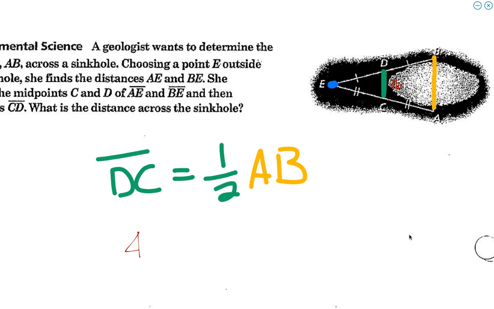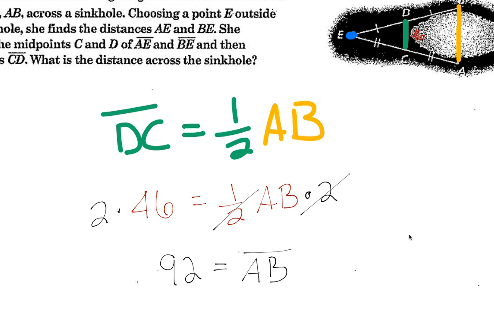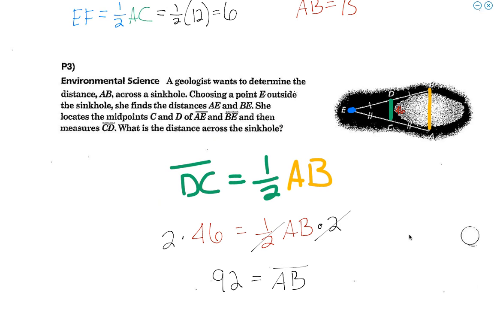So 46 equals 1/2 of AB. Could have set it up the other way and said AB is twice that. Algebraically, we would multiply both sides by 2. So 92 is AB. So the distance across the sinkhole is 92 feet.